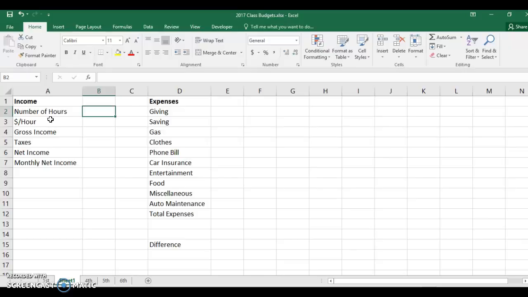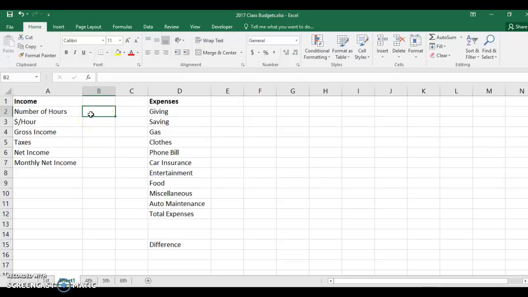As a teenager, you're more than likely going to have a part-time job where you are paid based on the hours. All right, so then you're going to need to know how much you're getting paid per hour. If you take your number of hours times your dollars per hour, that's going to give you your gross income.